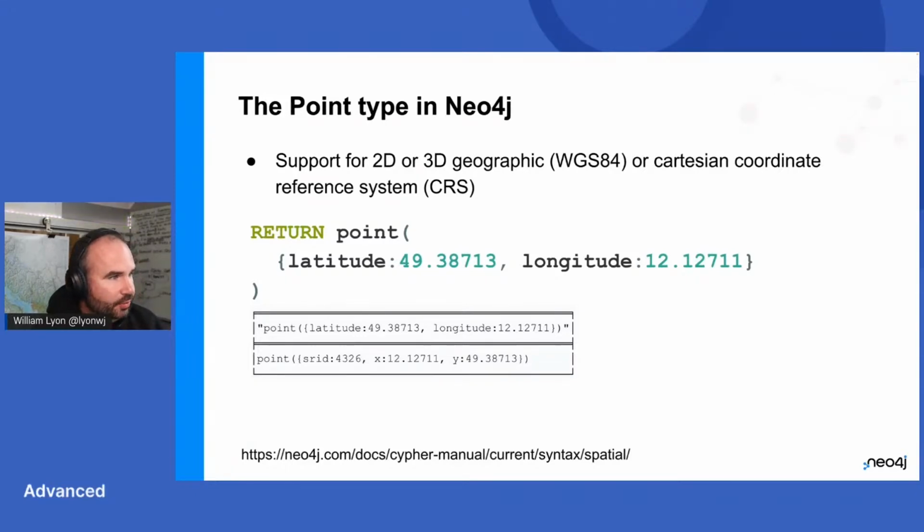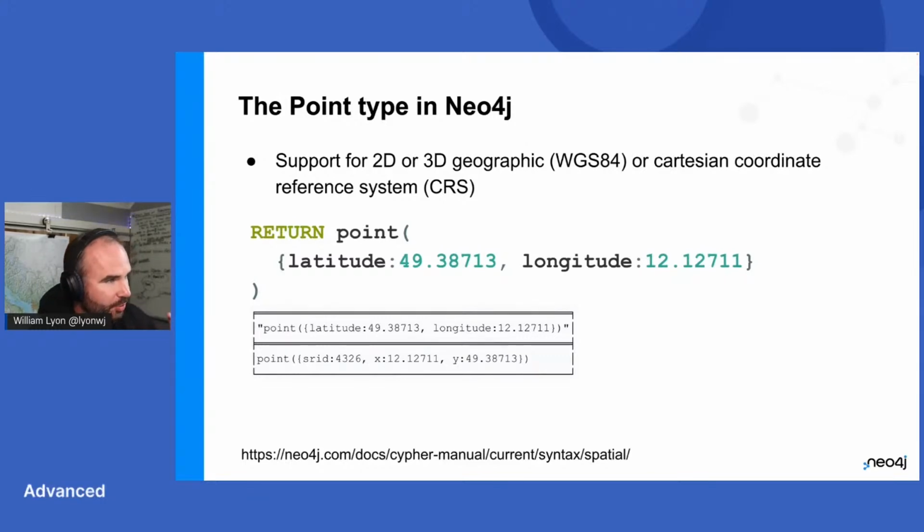So the units for latitude and longitude are decimal degrees. The units in Cartesian are whatever I want them to be, whatever the domain I'm working with is. Because we're talking about geospatial data today, mostly we're going to limit ourselves to looking at 2D geographic points.